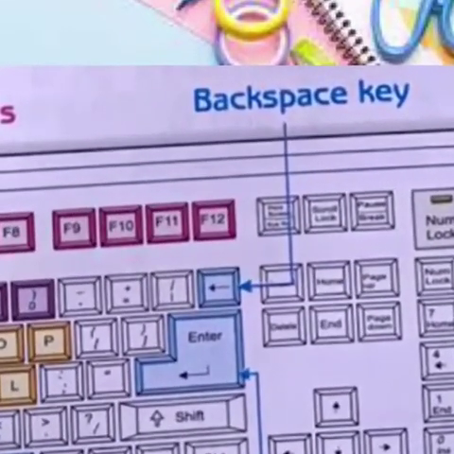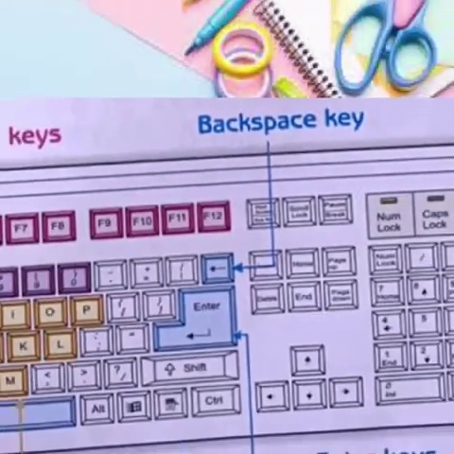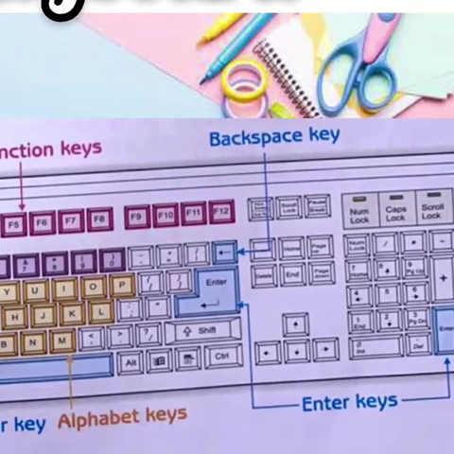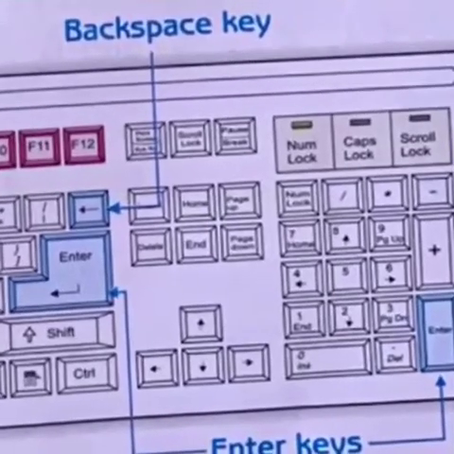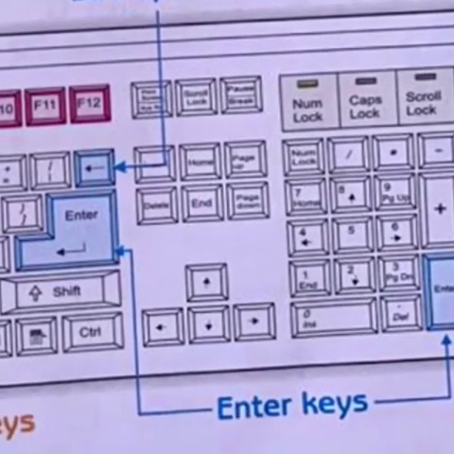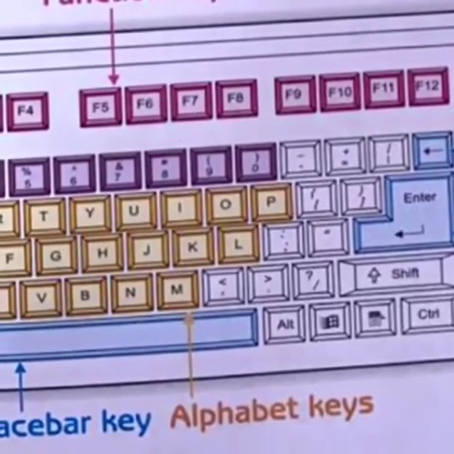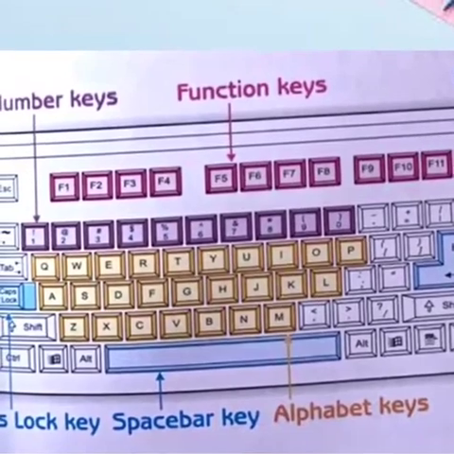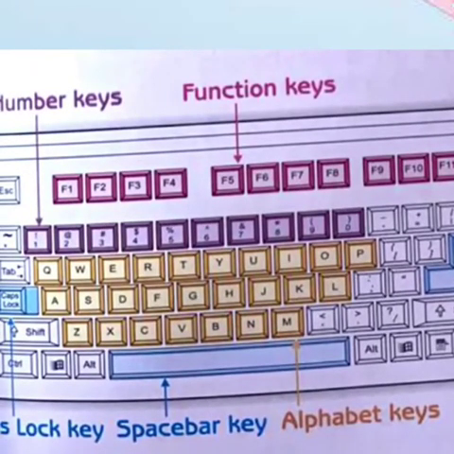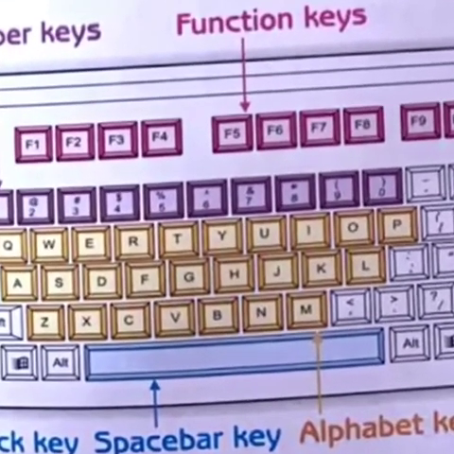Here is the backspace key. Now enter keys, we have two enter keys, this one and this one in this corner, and alphabet keys. These are the alphabet keys A, B, C, D. These are not in the alphabetical order. And here the longest key, the space key, space bar key.